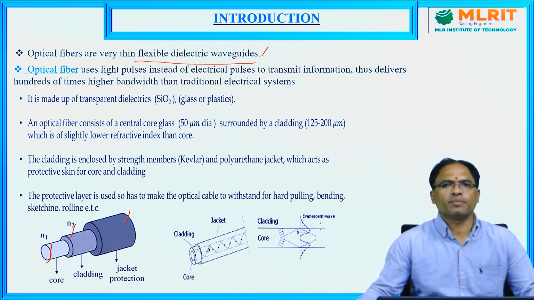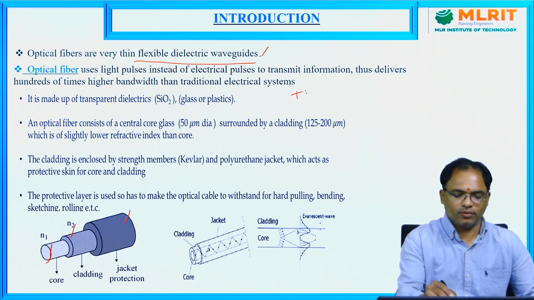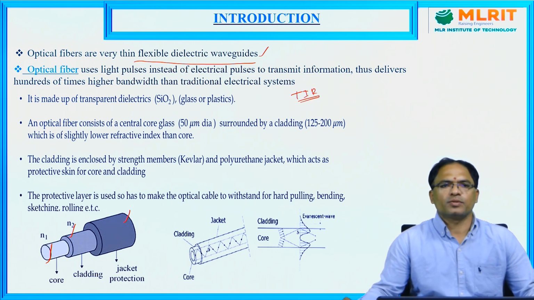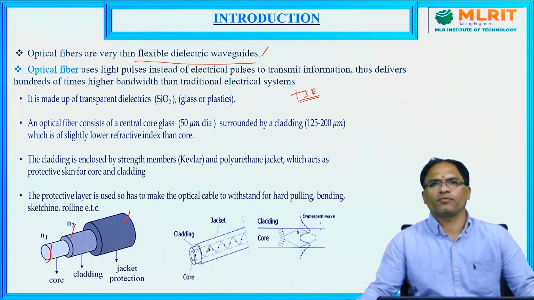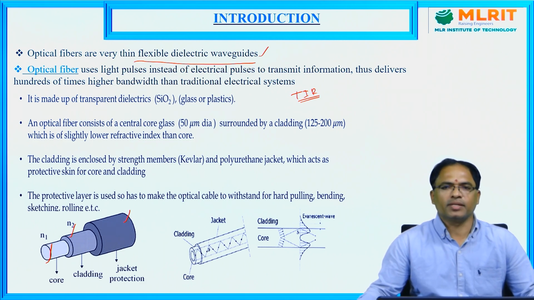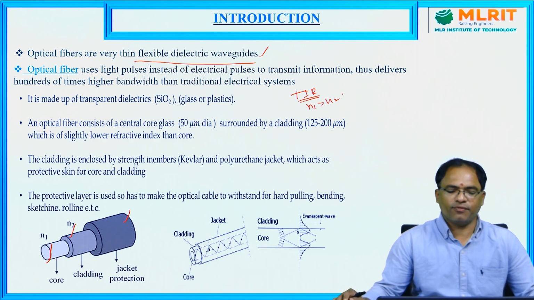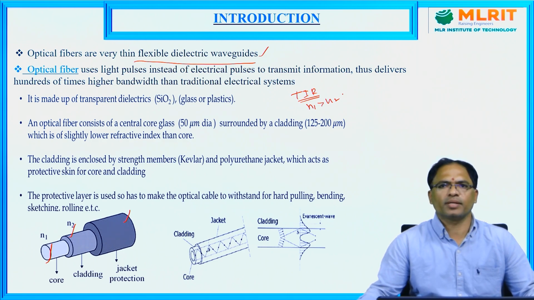Coming to the principle, optical fiber works on the principle of total internal reflection. Because of this principle only, it is capable of transferring information at high speed. The two basic conditions required for total reflection are: N1 should be greater than N2, that is, the refractive index of the core medium should be greater than the refractive index of cladding.